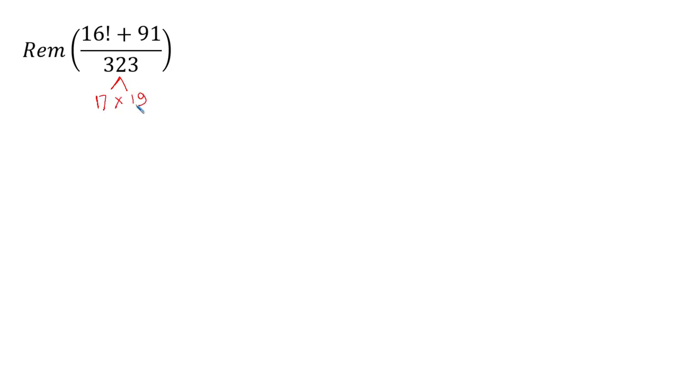Over here we need to use the Chinese remainder theorem. In the Chinese remainder theorem, what we do is split the denominator into a co-prime pair. So 323 is nothing but 17 into 19.